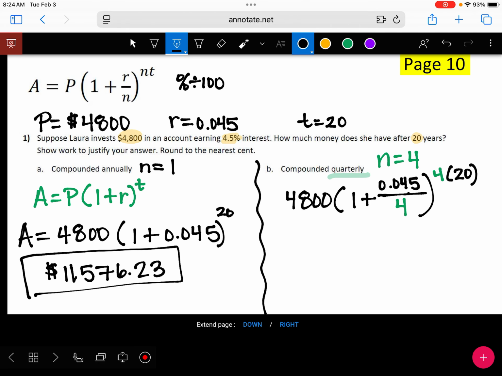The answer you get should still be 11,000 and something. If you get an answer that's way more, then you typed it in wrong.